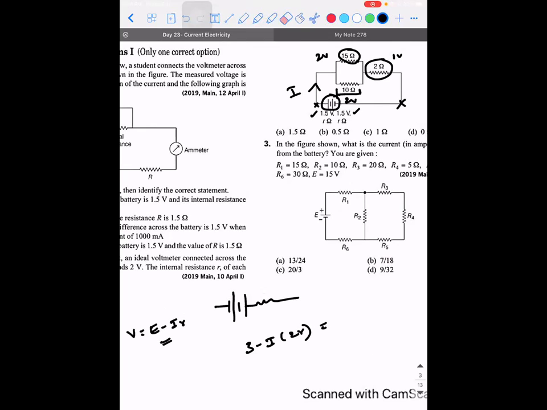If I redraw this circuit, can I write it like this? There is a battery whose potential difference is E minus I into R, and this will become R equivalent. In the R equivalent, how much is the current that is flowing? It is E minus IR by R.